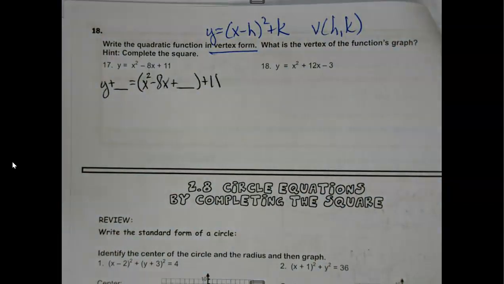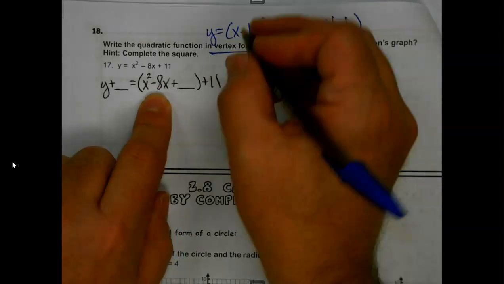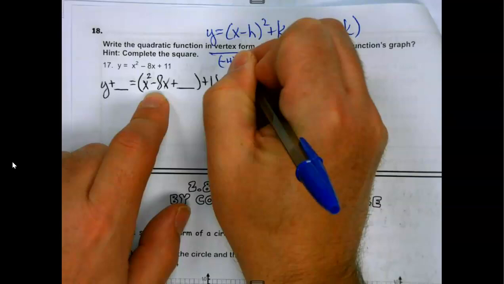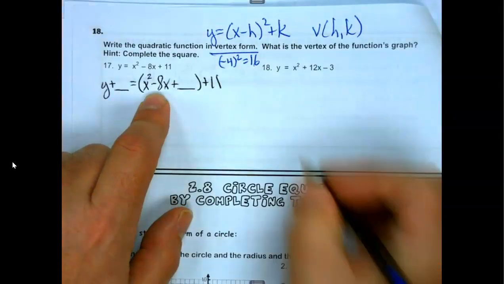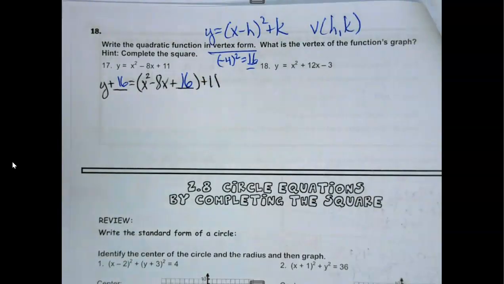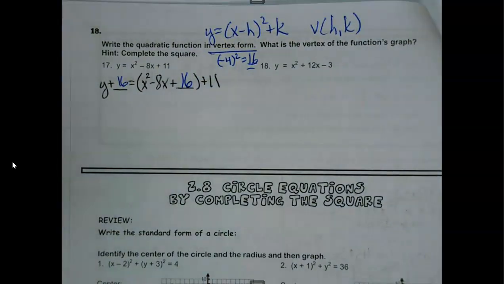They still get to do their own thing. From here, everything is the same as what we just were doing. I'm still going to take the b, divide it by 2, and square it. It's still going to be positive. Add it to both sides.